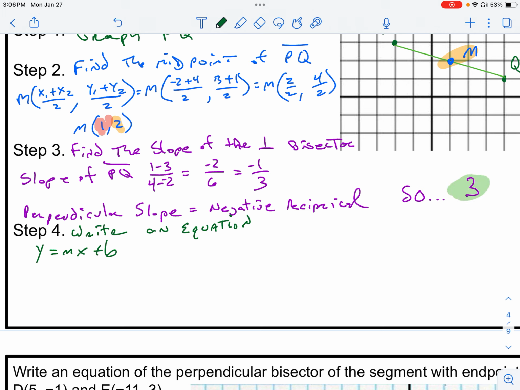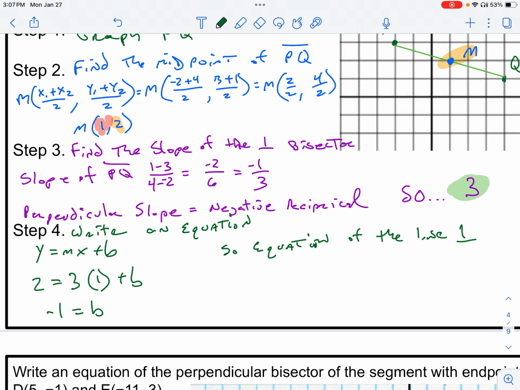So we got 2 equals 3 times 1 plus b. 3 times 1 is 3. Subtract 3 from both sides. And negative 1 equals b. So the equation of the line perpendicular to PQ is y equals 3x minus 1.